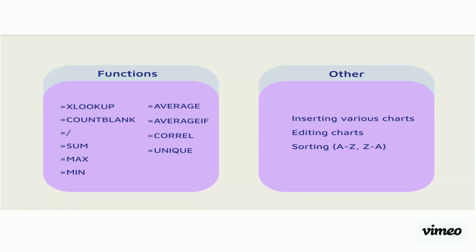The XLOOKUP function was really helpful, and all of these functions I had never used before in Sheets, so I found them all to be very helpful shortcuts. And then other ways that I used the Sheets were just making different charts, learning how to edit the charts, and then sorting my data differently to see different trends, different maximums, minimums, things like that.